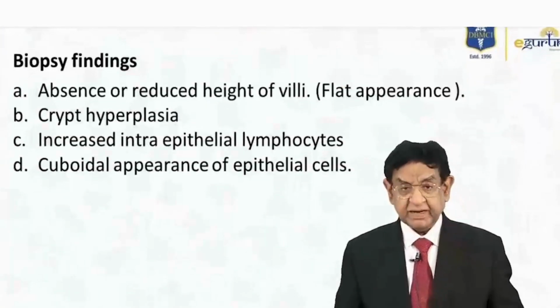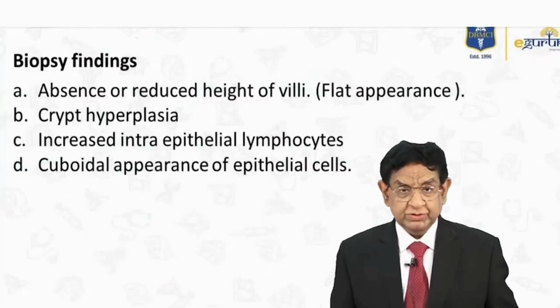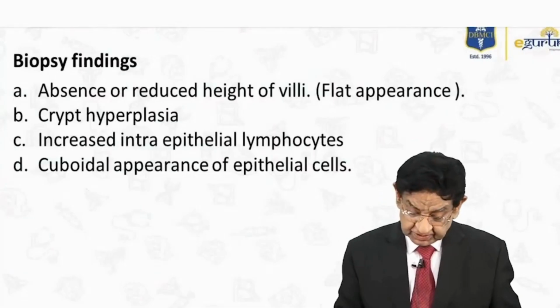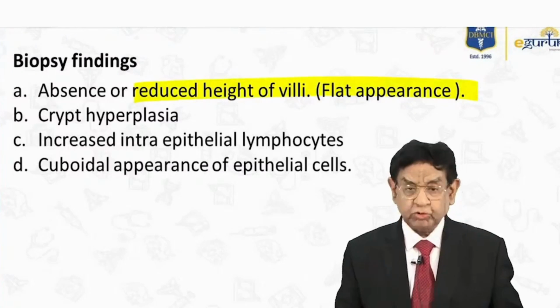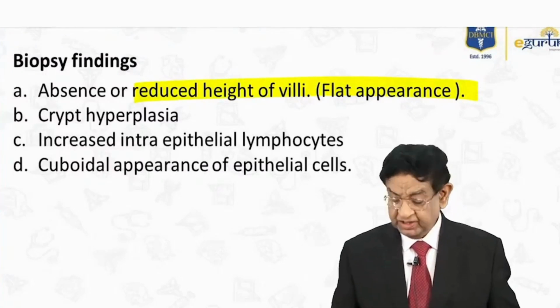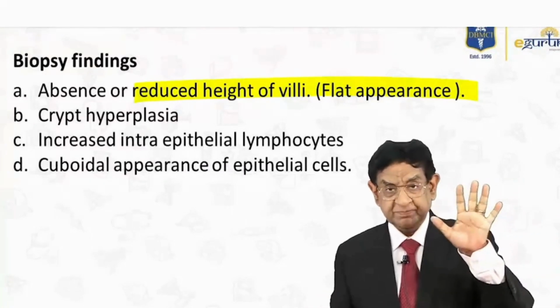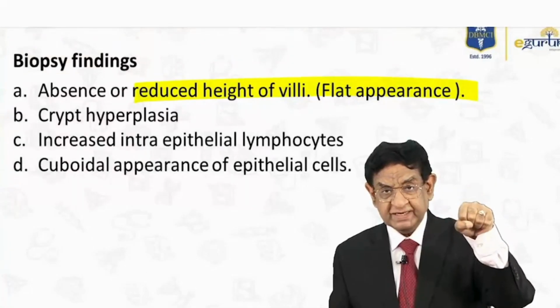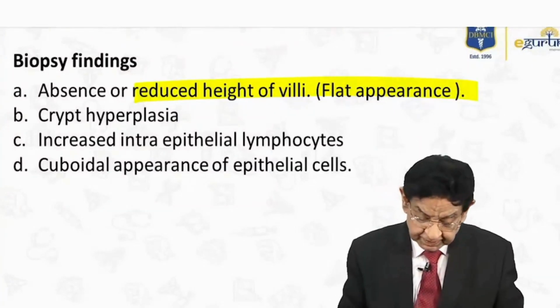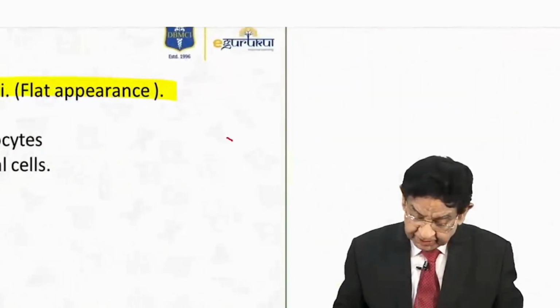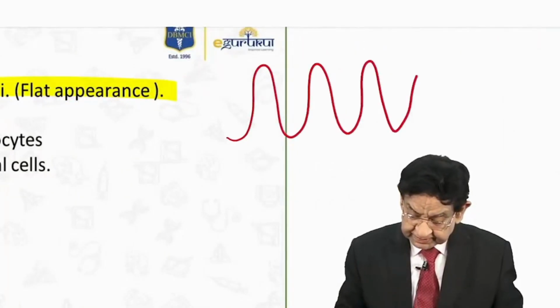Now what do you get in biopsy? I told you in the very beginning there is absence or reduction of villi, the so-called flat appearance of villi. Normally villi are finger shaped, but now they become flat. When they become flat, the area of absorption will be reduced. Normally villi are like this.